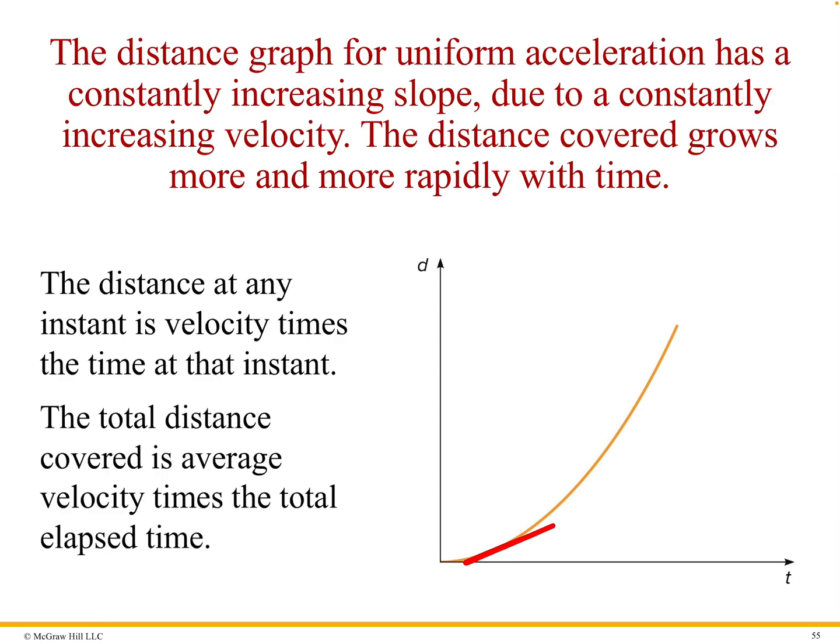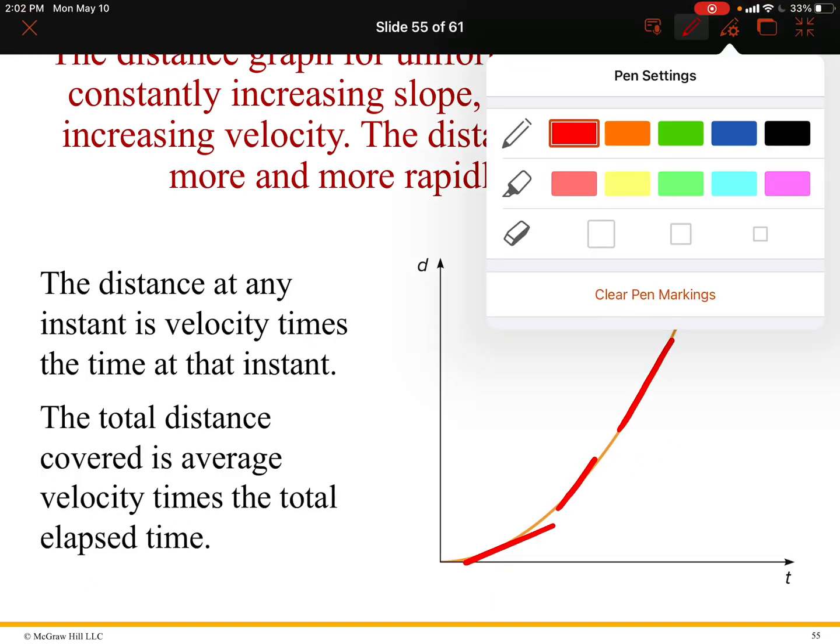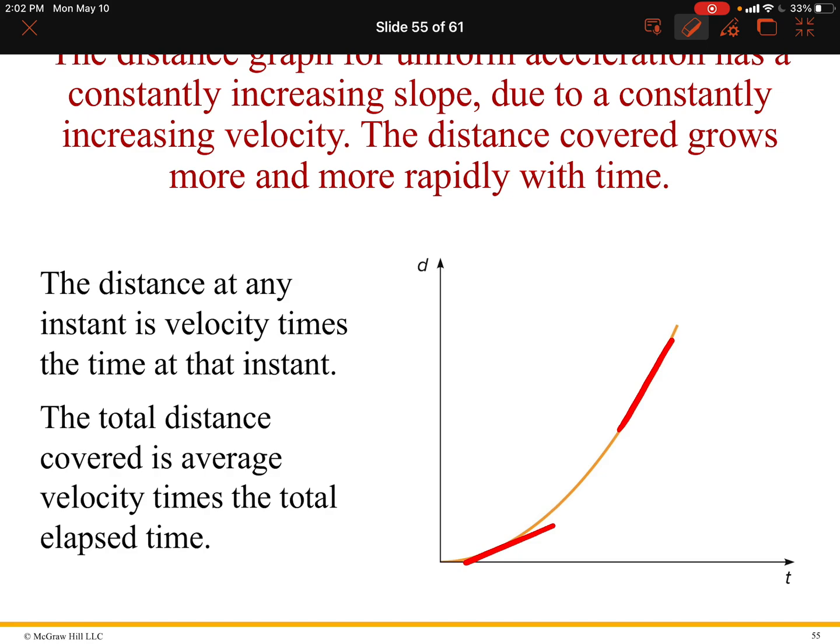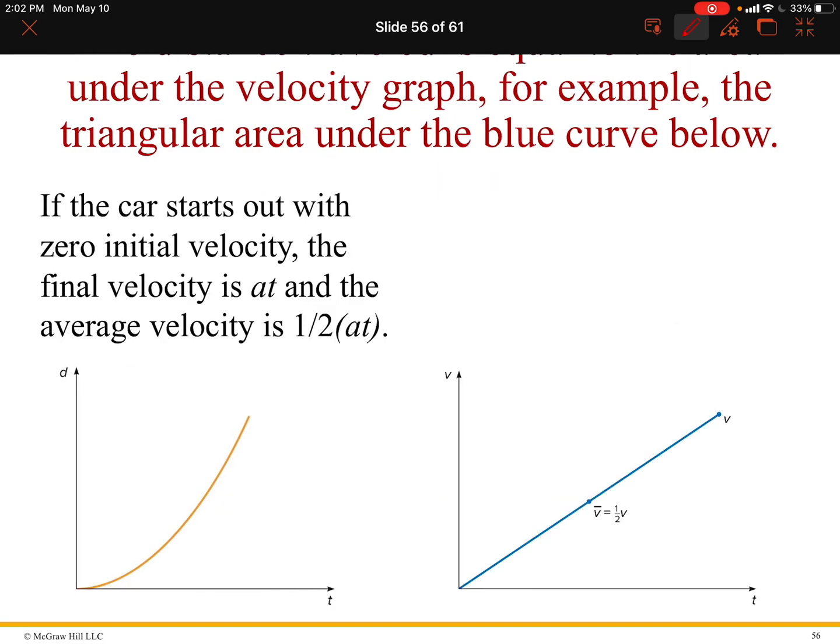How do you know that? You could take the slope at every point and see that this second segment, though I didn't draw it very well, constantly gets steeper the farther along it goes.